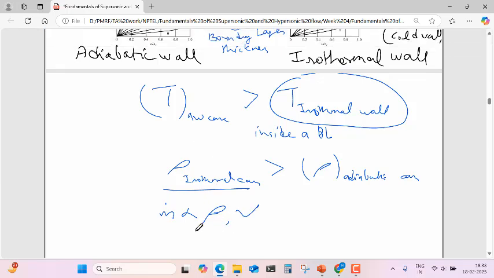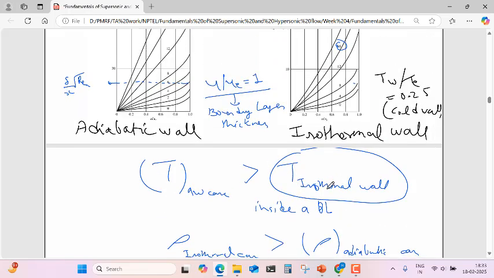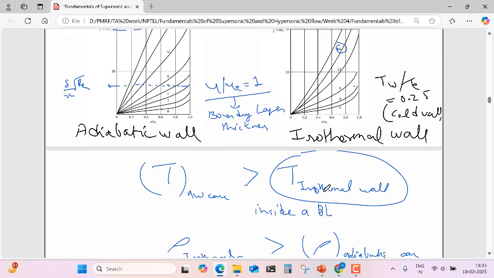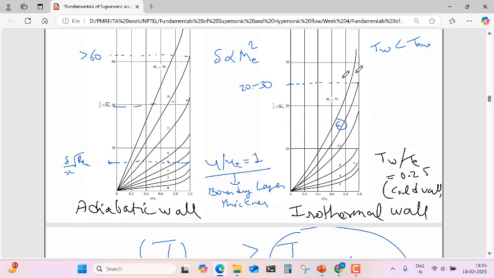So if density is high, it means for the same mass flow rate, it needs less volume. So it will accommodate the mass flow in the thinner boundary layer. So boundary layer thickness will decrease in this case for the cold wall.